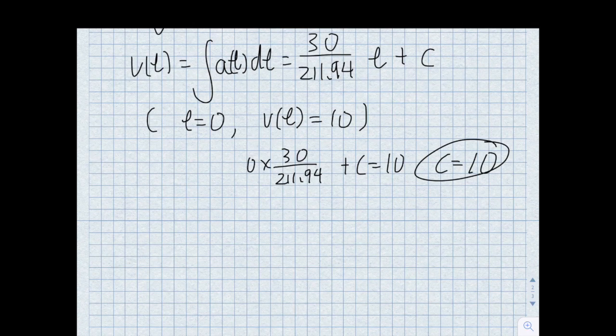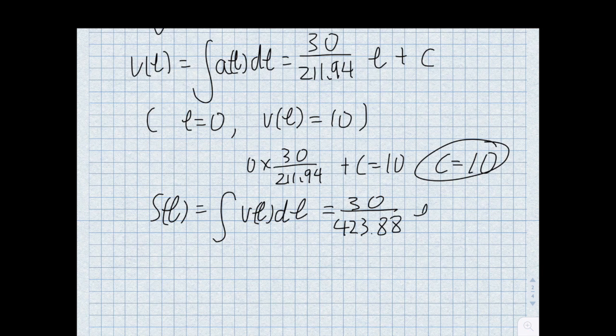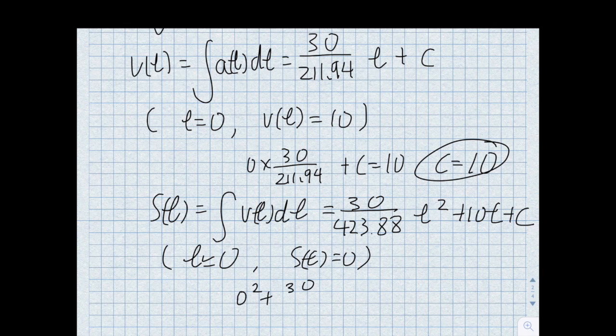The position or distance function is equal to the integral of the velocity function. So integrating v(t), we find s(t) equals 30 over 423.88 times t squared plus 10t plus the constant c. When t equals 0, s(t) equals 0, since Mr. Casella hasn't traveled any distance yet.